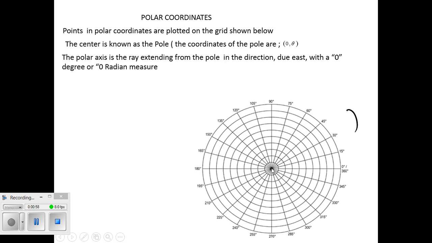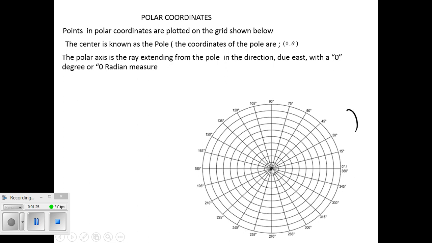So the polar axis is from the pole due east, if you will. Every point that we plot is going to be in terms of a radial distance from the center and an angle sweep relative to that polar axis.